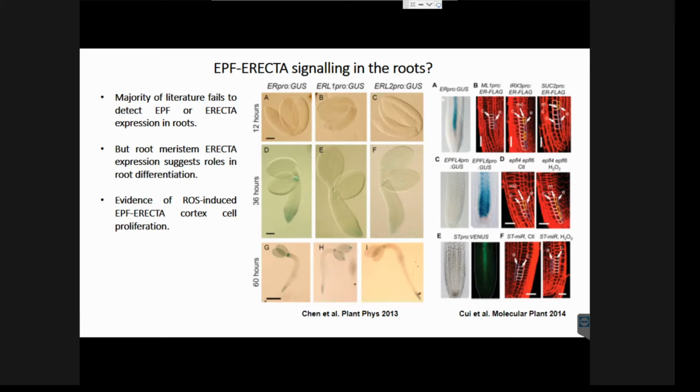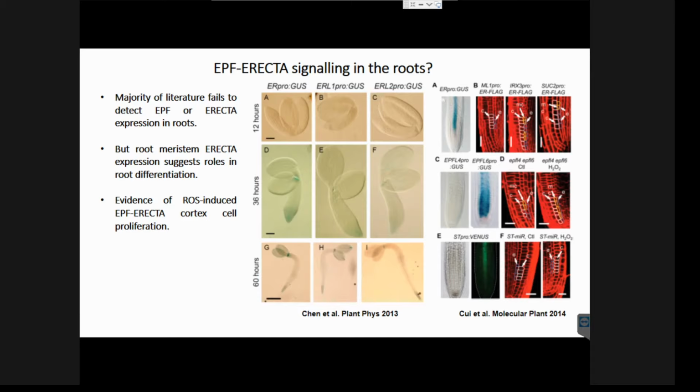Now here you have EPFL4 and EPFL6, and you see EPFL6 is expressed in the vasculature of the Arabidopsis root. And here you have a stomagen, or EPFL9, tagged with Venus, and you see it as well is expressed in the vasculature. Now, there is evidence in this paper that stomagen and EPFL6 are involved in cortex cell proliferation.